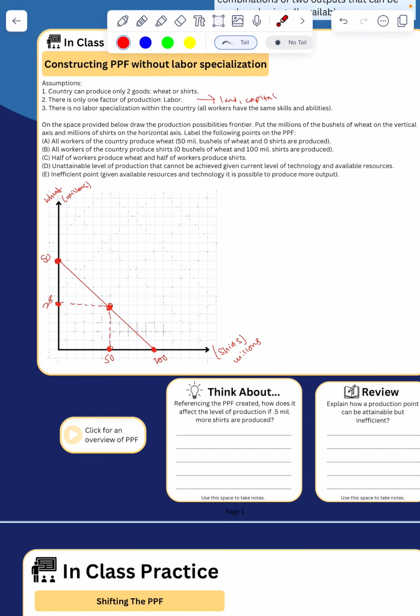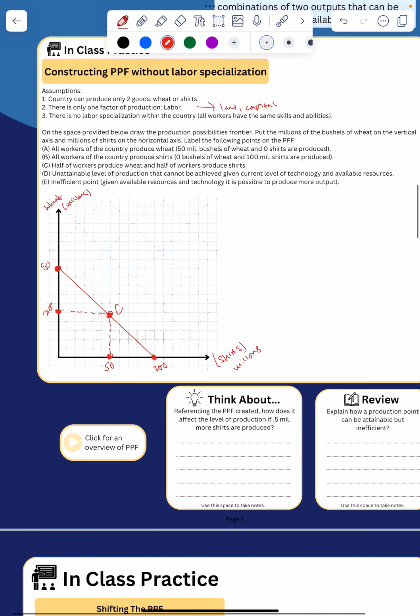So point C is right here, and that is attainable and efficient because it uses all of our resources, and it's along the PPF line. So point D, an unattainable level of production that cannot be achieved given the current level of technology and available resources, would be somewhere out here because it is not on this line, and it is outside of the graph.